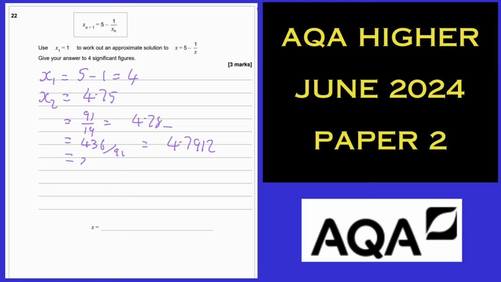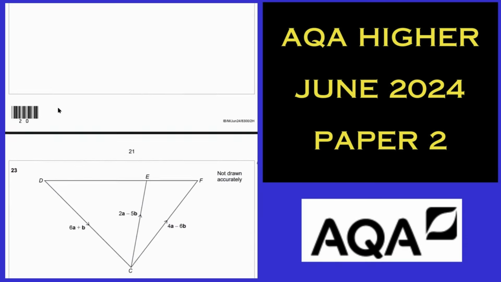And it goes again. Your next iteration is 2089 over 436. And guess what? It's basically the same to 4 decimal places. Well, it only wants 4 significant figures, which in this case is 3 decimal places, so you can stop right there. Don't carry on pressing equals, you're wasting your time.